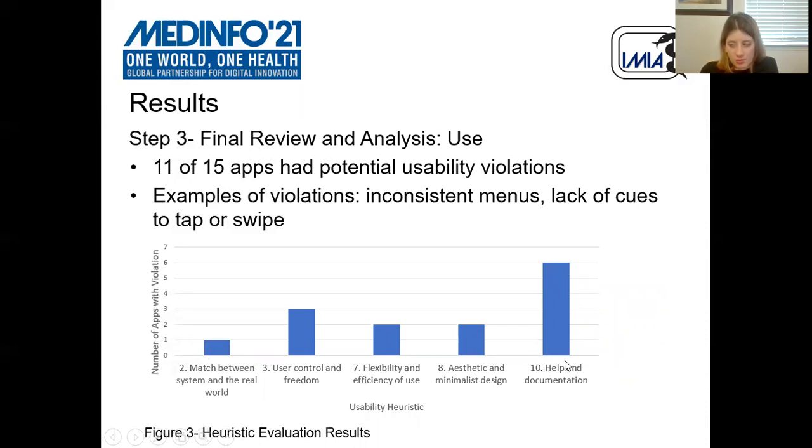And as you can see, the most common one was help and documentation. So this would make it very difficult for the user to contact the developer if they have an issue or want to find out more. And also very difficult to find just help documentation.